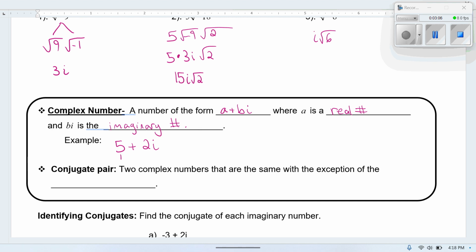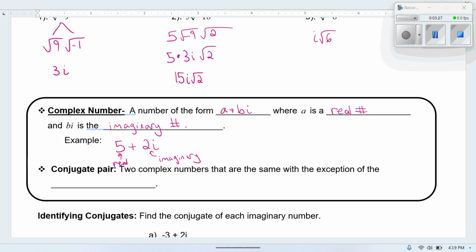We have that this guy, number 5, that's a number we've always known, it's real. And then 2i is the new imaginary number. So the combination of real plus imaginary numbers creates what we call complex numbers.